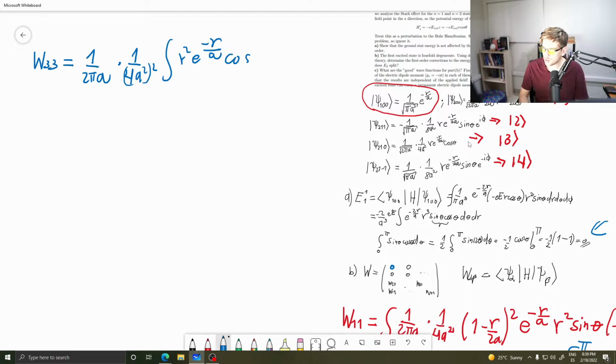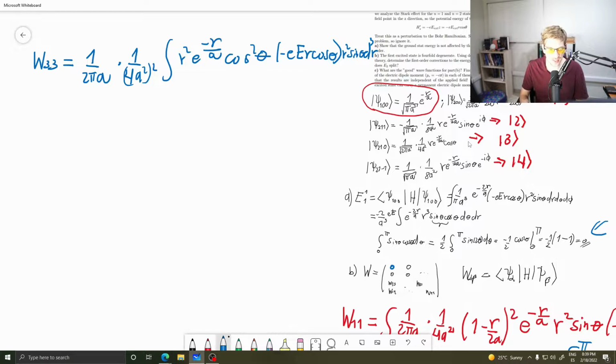And then cosine squared of theta, and now the Hamiltonian, r cosine theta, and I'm running out of space here, r squared sine theta, d3r.